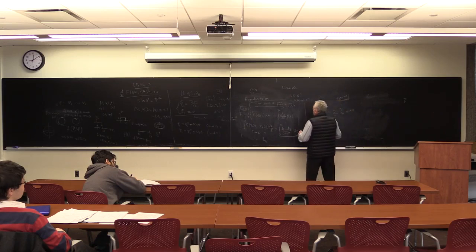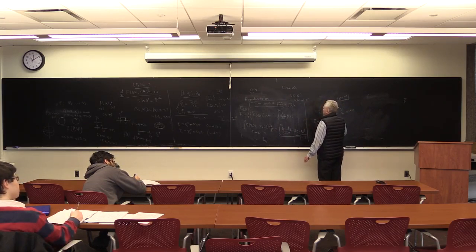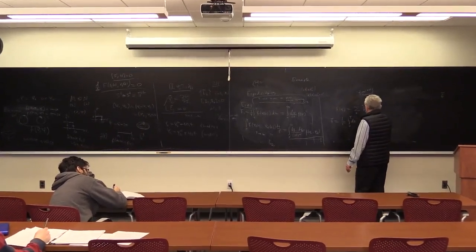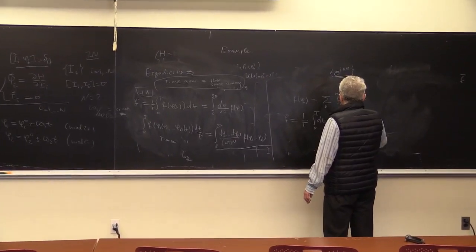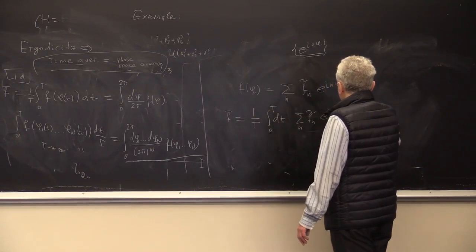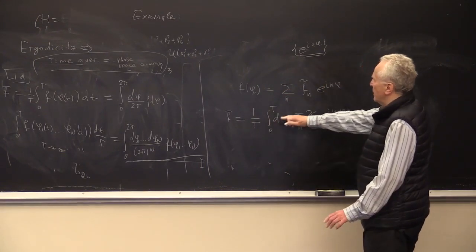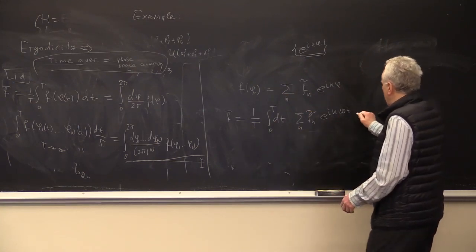All right. Now we use this, and we find that the average of f is equal to 1 over T, integral dt from 0 to T. And here I will have a sum over n, f_n tilde, e to the i n phi, and here I put omega t. I'm working out the one-dimensional case now. The multi-dimensional case will be similar.